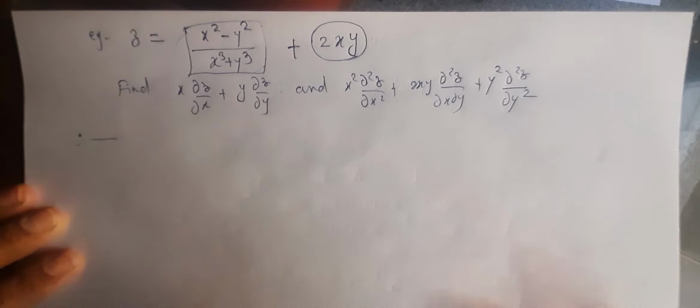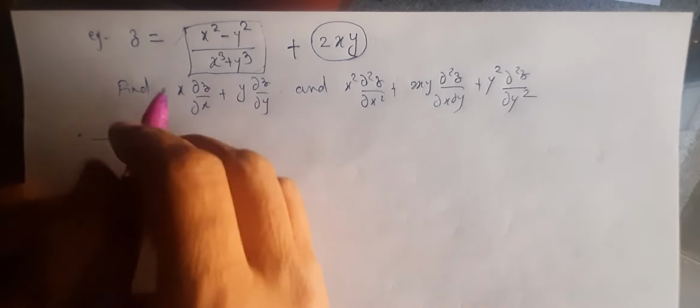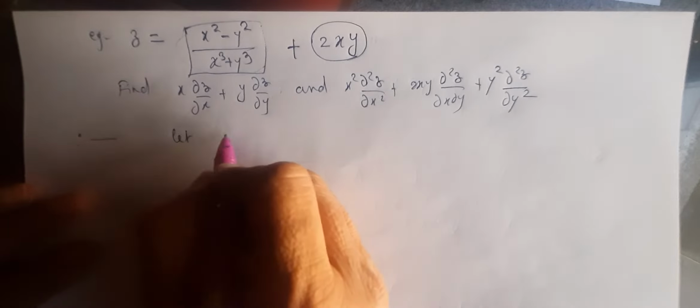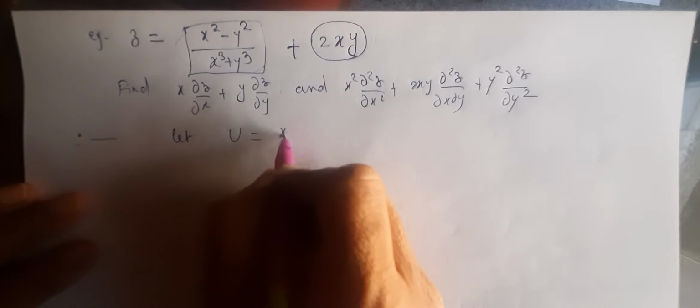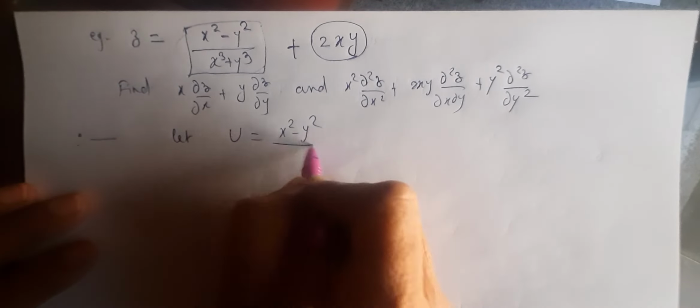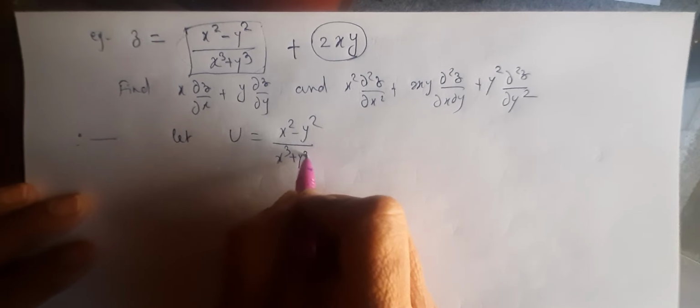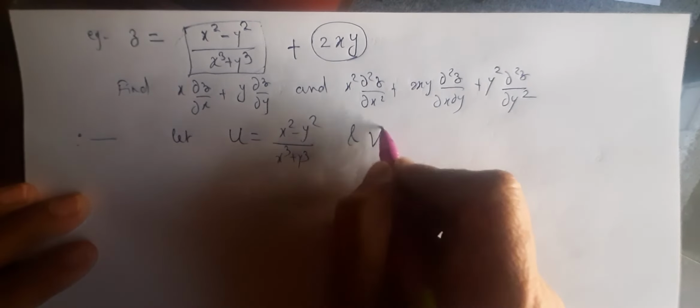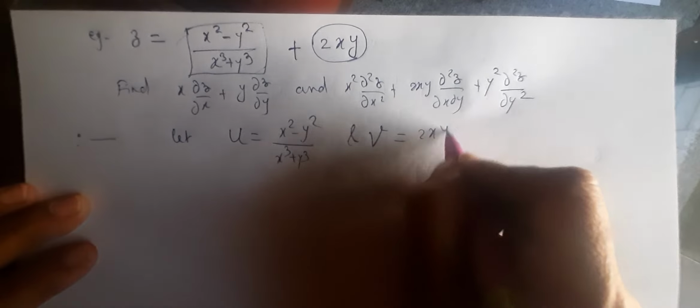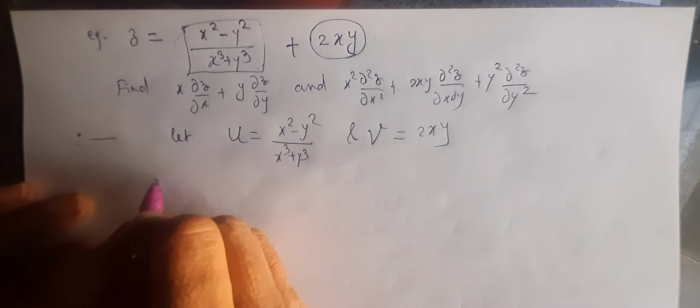So we will use it and we can solve this problem. Let u be (x square minus y square) upon (x cube plus y cube) and v be 2xy. Then two things you can see.